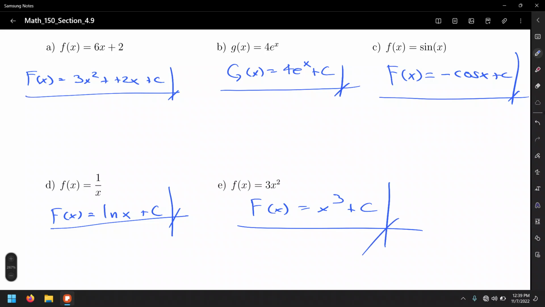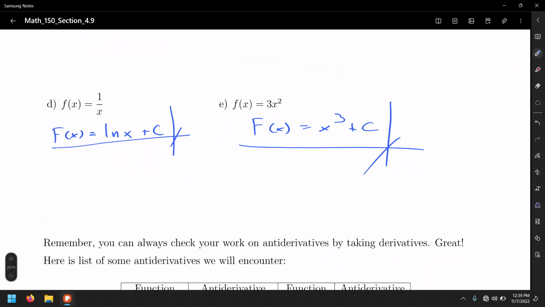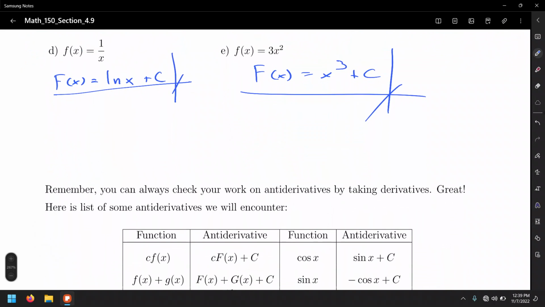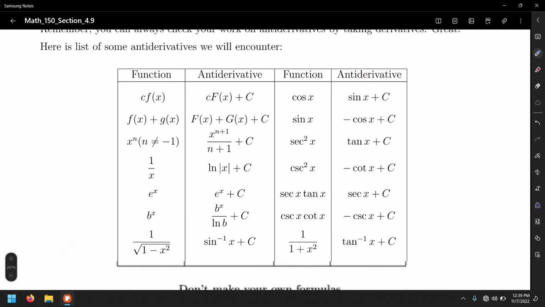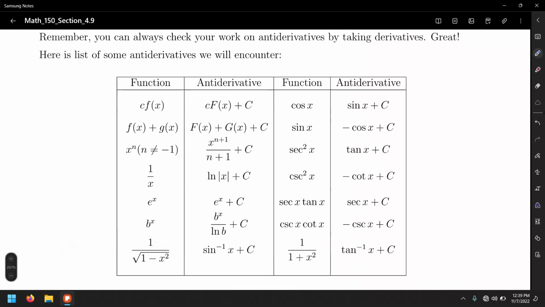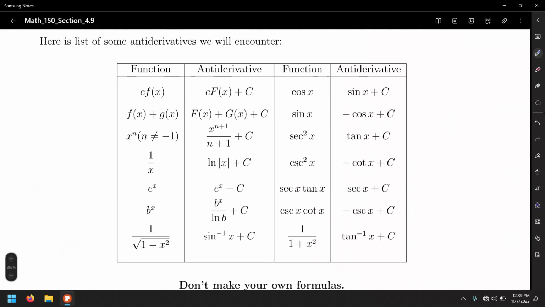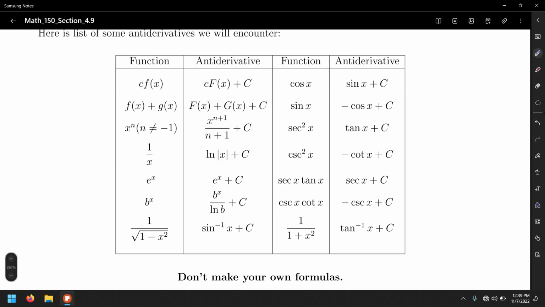Now, of course, there have to be ways to get these antiderivatives. And here is a table of antiderivatives, which are really integration formulas. For example, the antiderivative of a constant times a function is a constant times the antiderivative plus c.